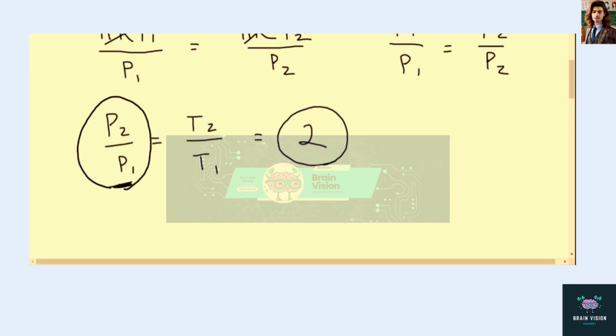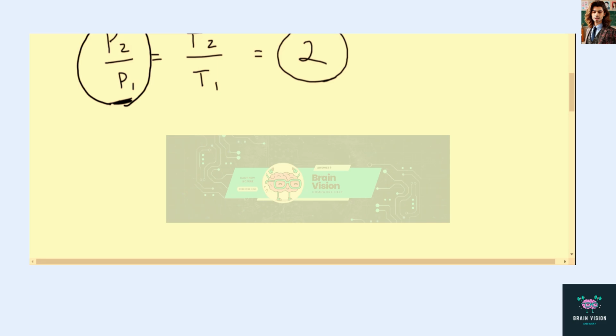Now let's look at a slightly different scenario where our initial temperature is 35 degrees Celsius and our final temperature is 70 degrees Celsius. So first we're going to want to convert these to Kelvin.